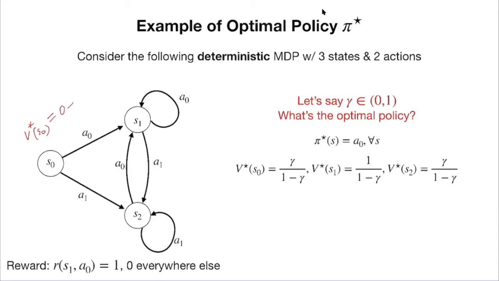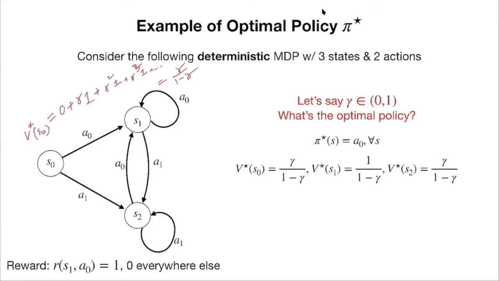Then we get rewarded 1, but remember we have a gamma discount factor, because this is the second time step now. And now we're just going to self loop at S1. So we get gamma times 1, plus gamma squared times 1, plus gamma cubed times 1, and so on and so forth. So this is gamma over 1 minus gamma.